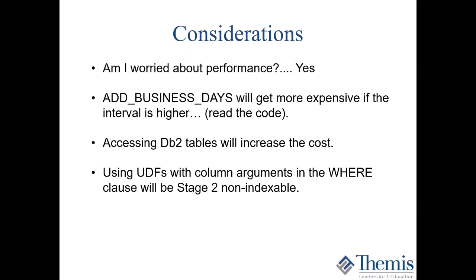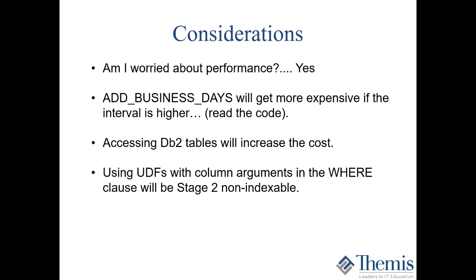Accessing DB2 tables inside of there will obviously increase the cost. And also think about how many times the thing's going to be invoked. So that last thing, accessing UDFs with a column argument in the where clause becomes stage 2, non-indexable.